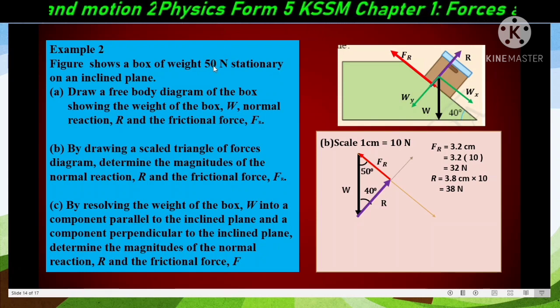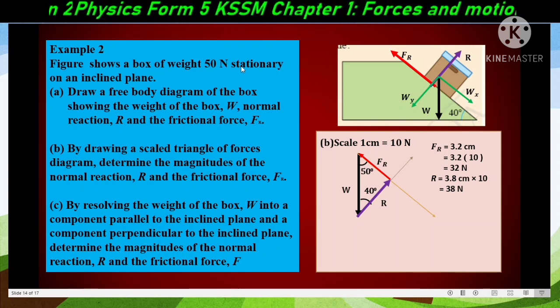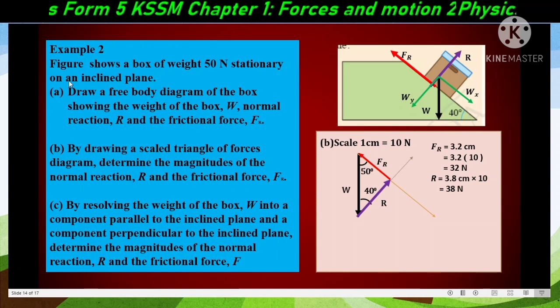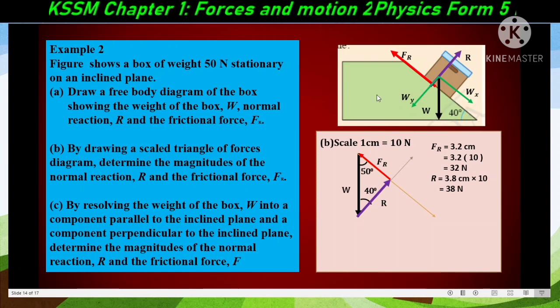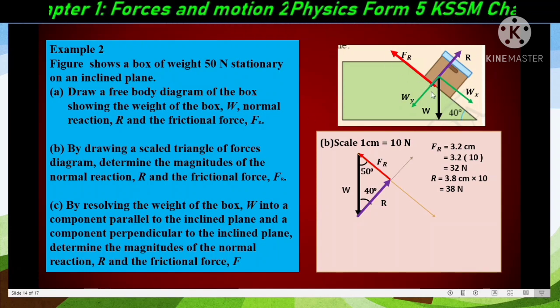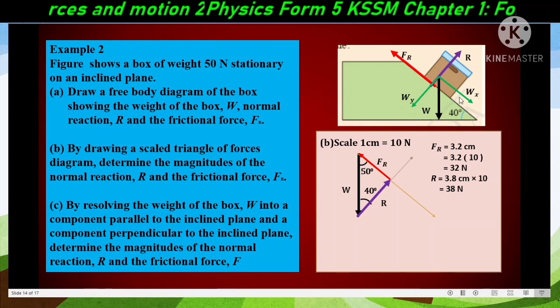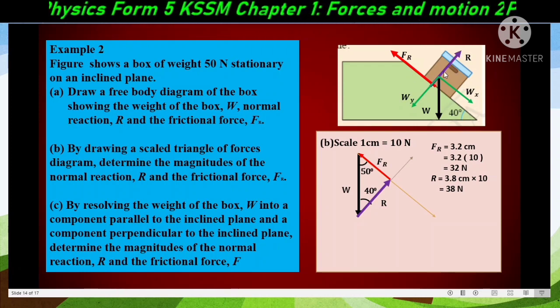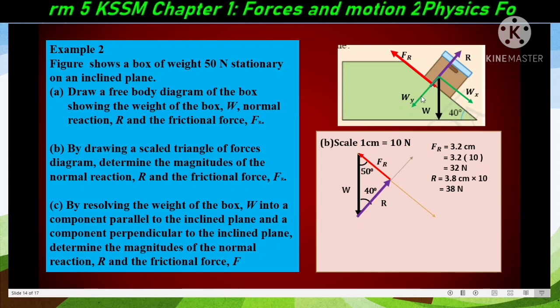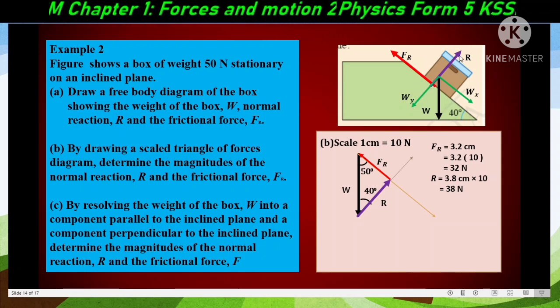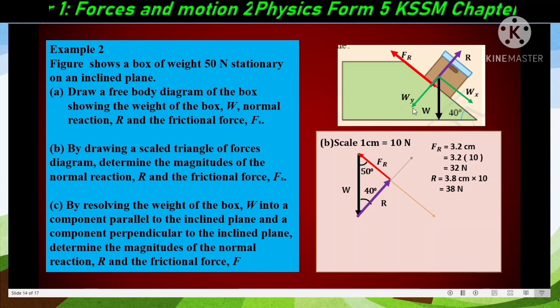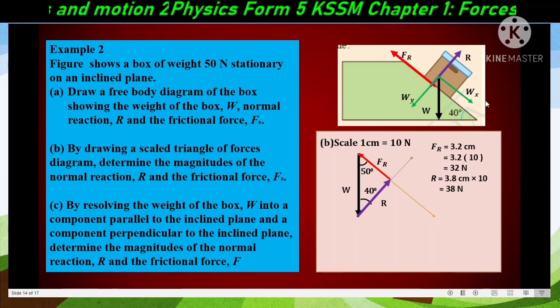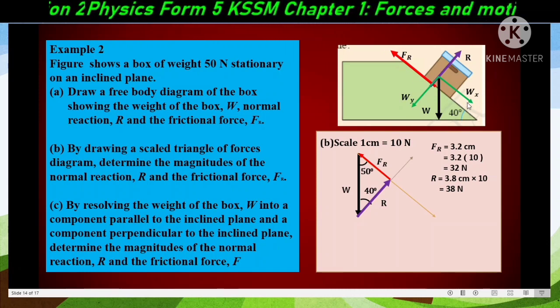As stated here, the box is stationary on an inclined plane, meaning the forces that act on the box are balanced. So the perpendicular forces are balanced, and the parallel forces are also balanced.